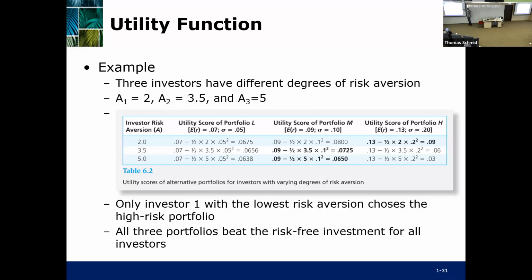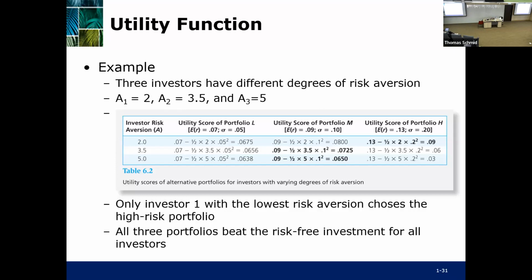For our first investor, she has the highest utility if she invests in portfolio H, 0.09, higher than M and higher than L. Investors 2 and 3 are more risk averse, so they penalize risk more severely, so they get the highest utility if they invest in portfolio L. Okay?